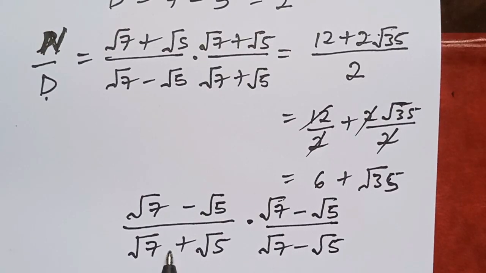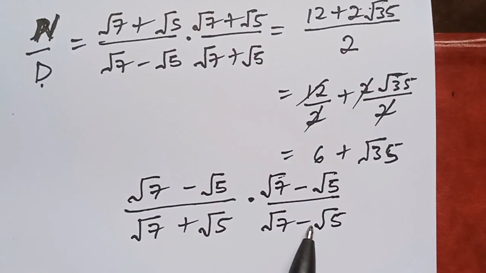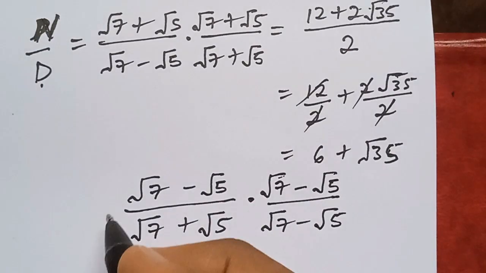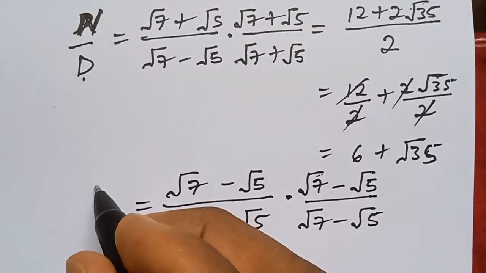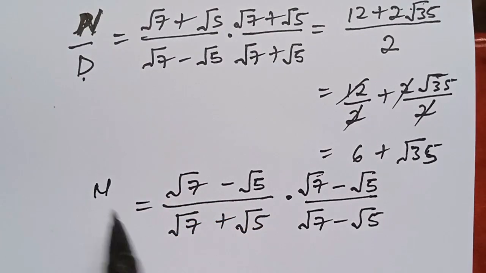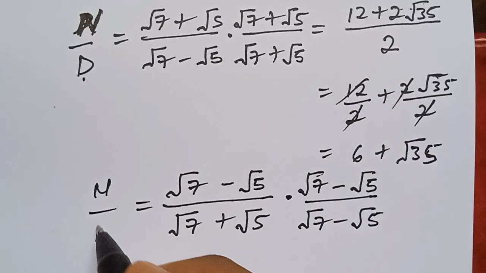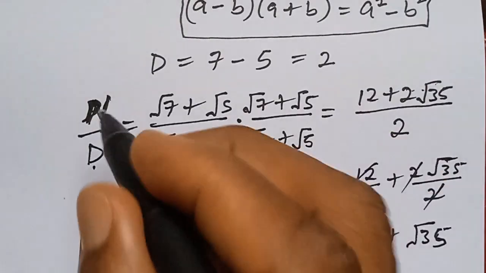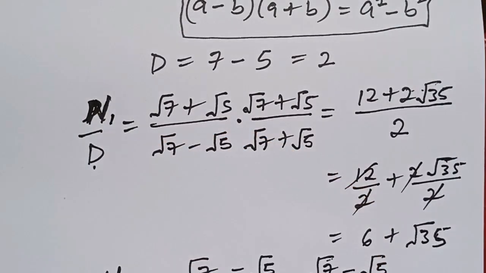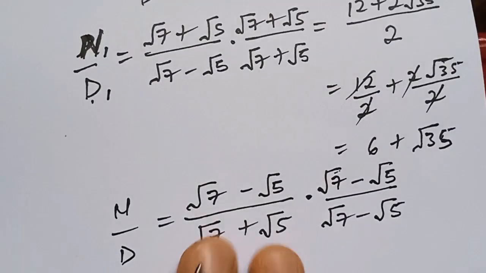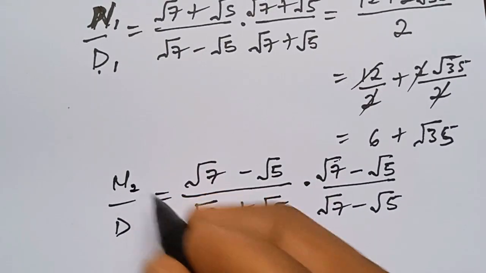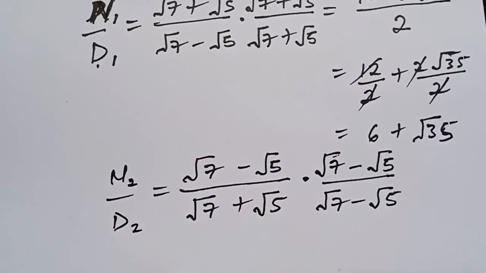So the conjugate of this denominator over here is this. So we can also indicate this one to be numerator over denominator. Okay, let's indicate this one to be the numerator 1, denominator 1, and numerator 2, denominator 2.